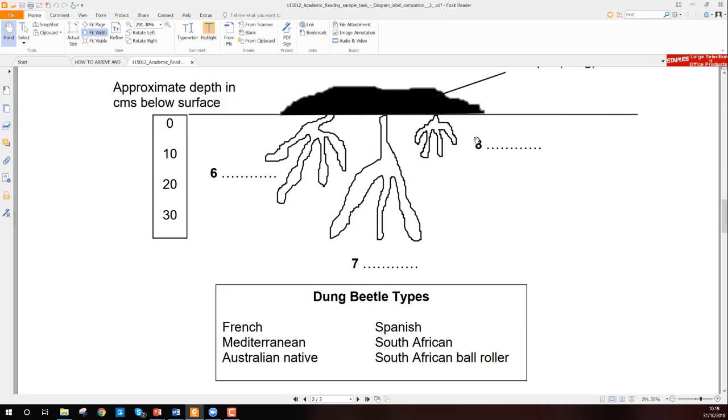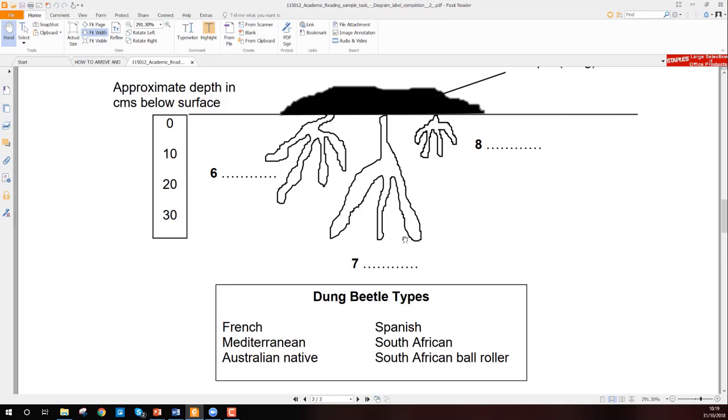So 8 goes down to about 10 centimeters. 6 goes down to about 25 centimeters, and then this one goes down the deepest to about 30 centimeters. So this is what we're going to be looking at, because this is the difference between the three things.